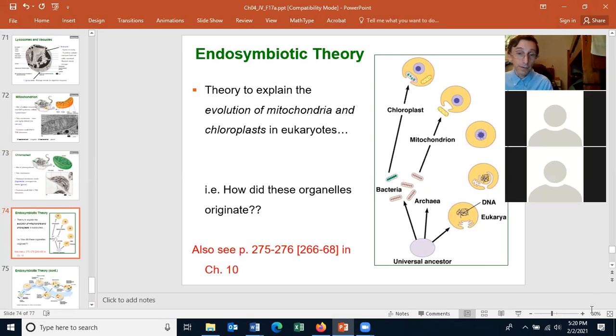And that's covered in your textbook, page 275 to 276, if you have the current edition of the Clark College version of the textbook, meaning the textbook that only has the chapters that we're covering. That's in chapter 10, page 275 to 276. I think in the earlier versions of the textbook for Clark College, it's on page 266 to 268.